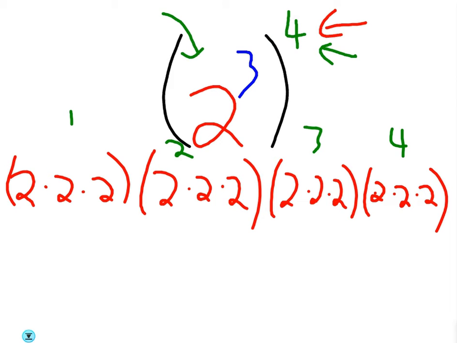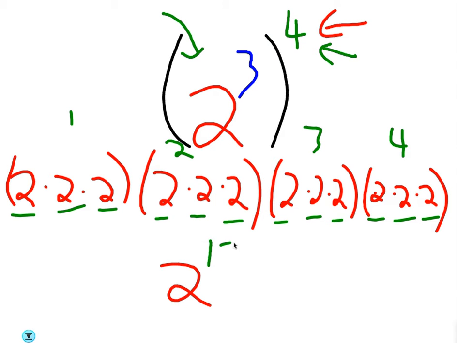We don't really have to multiply them all out, but how many 2's do we have total? 1, 2, 3, 4, 5, 6, 7, 8, 9, 10, 11, 12. Again, we don't have to work that one out. I know 2 to the 10th is 1024, so 2 to the 11th is 2048, and 2 to the 12th would be twice that, which is 4096.